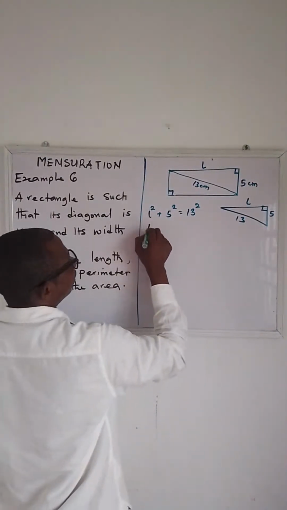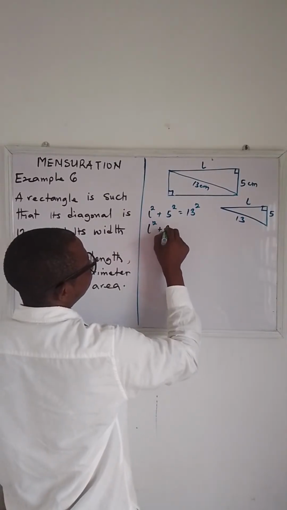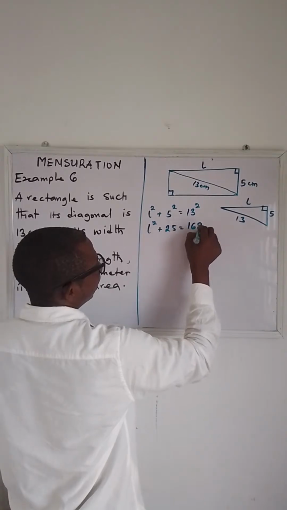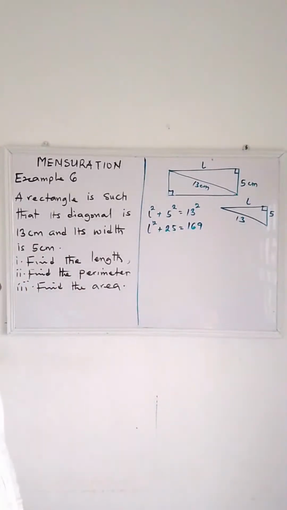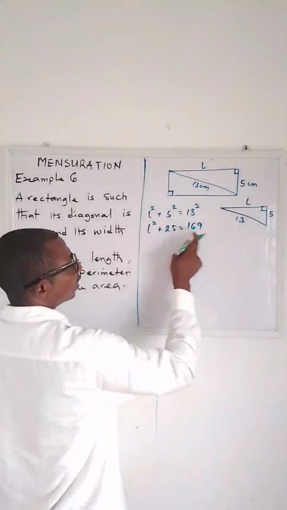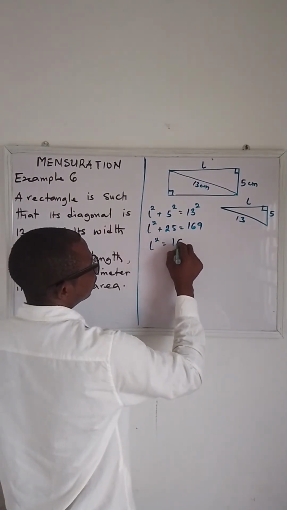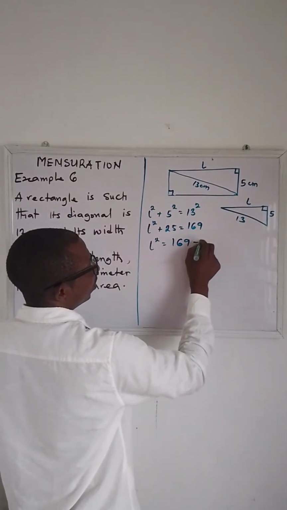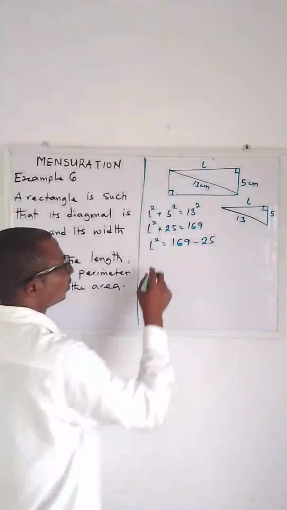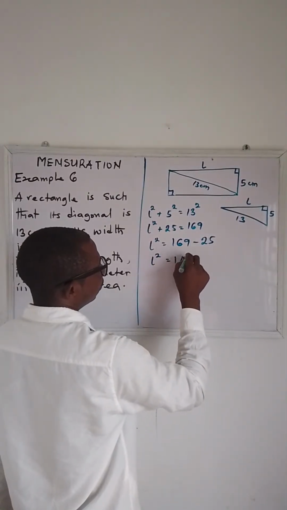So now you have L square plus 25 equals to 169. Okay. So let's subtract 25 from both sides. You have L square equals to 169 minus 25. All right. So we have L square equals to 144.